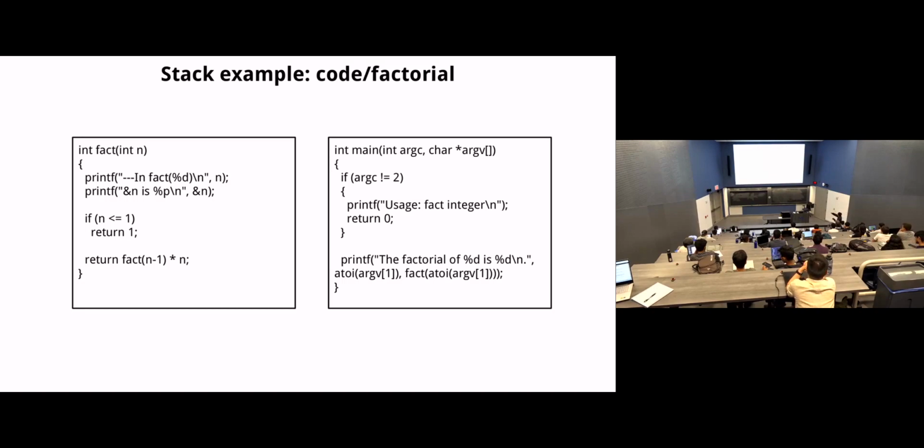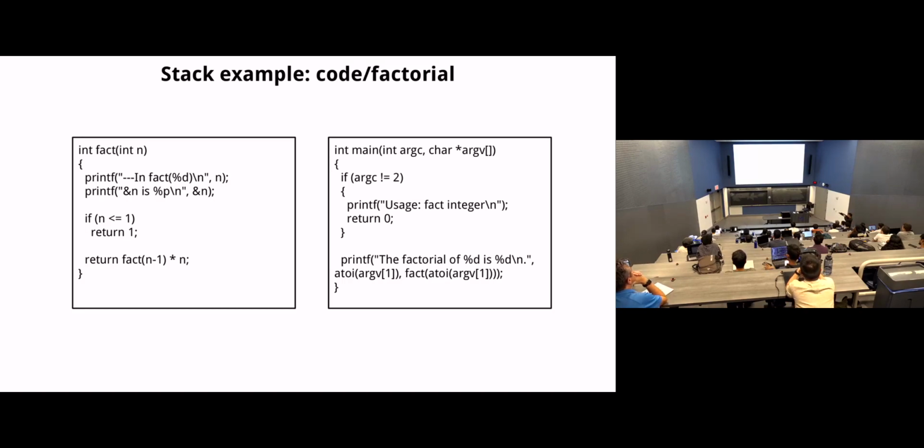But we are writing a recursive function to do that. The function is called fact, and it takes one parameter. It first prints out a string, but also the number we are calculating. Let's say we want to calculate factorial of 4.